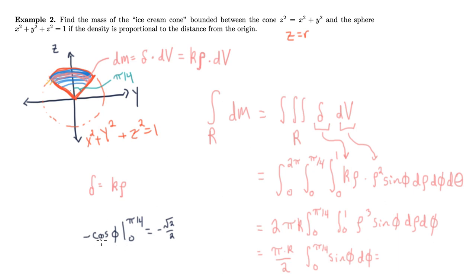And then that's going to be plus, well, just cosine of 0, which is 1. Okay, so it looks like this is just going to be 1 minus root 2 over 2. And so our final answer will be pi k over 2 times 1 minus root 2 over 2. Okay, so that is going to be the mass of this region here that we called R.